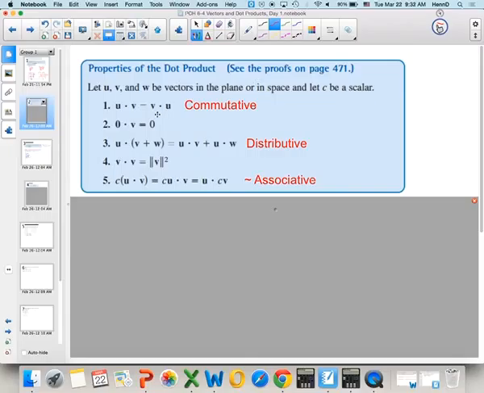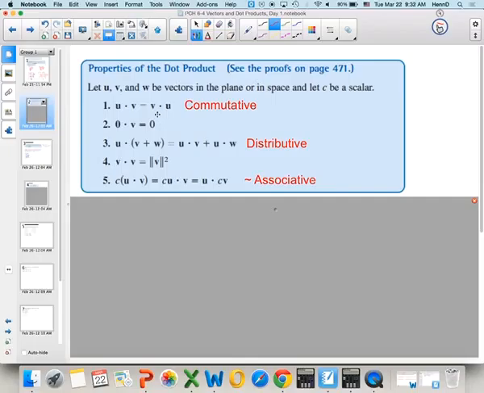And that's important. Also, what's this right here? 0, the zero vector. So if I do the dot product of the zero vector with any other vector, I get 0. This one's kind of interesting.